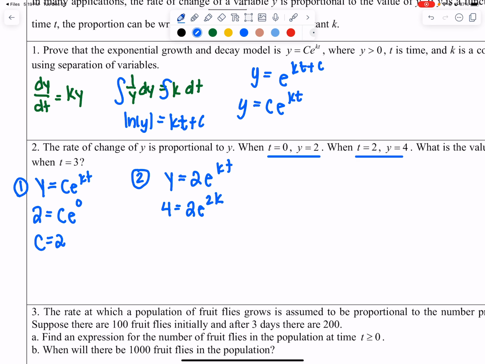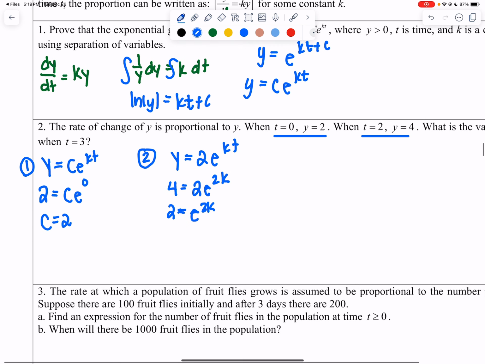I need to figure out what my k value is now. So I'm going to solve for k by isolating k. I'm going to divide by 2. Then I'm going to take the ln of both sides. And then I'm going to divide by 2 again. So this means that my k value is ln of 2 over 2.